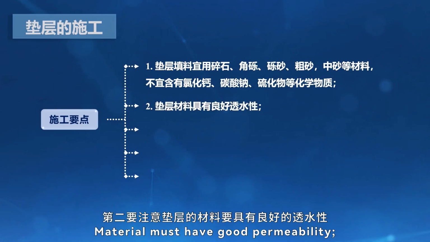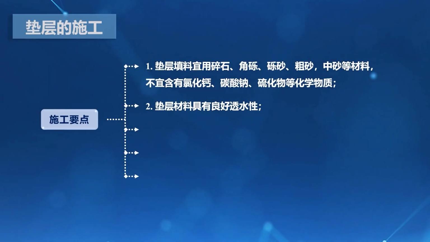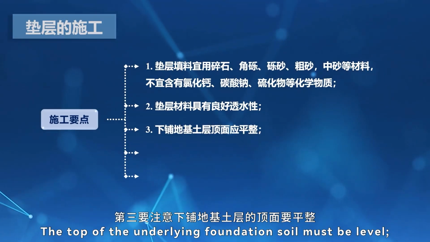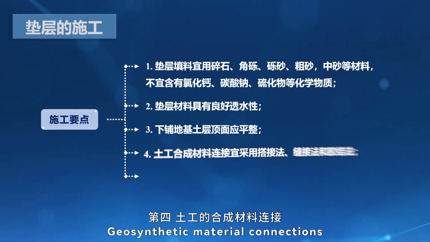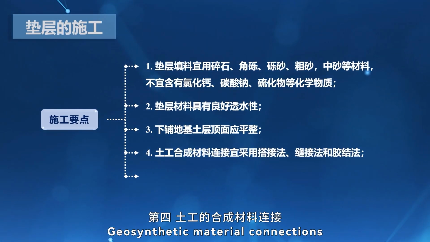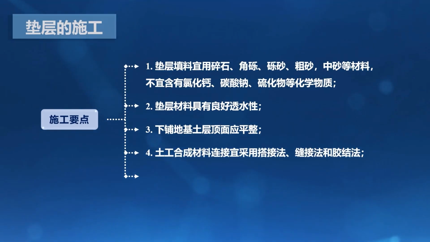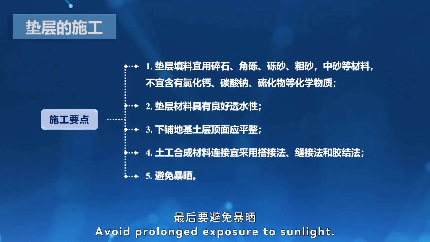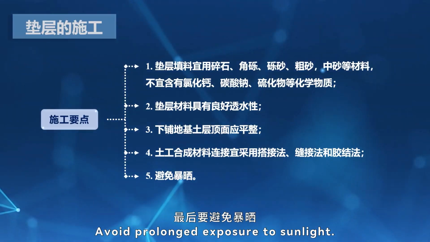Material must have good permeability. The top of the underlying foundation soil must be level. Geosynthetic material connections can use overlap, stitching, or adhesive bonding. Avoid prolonged exposure to sunlight.